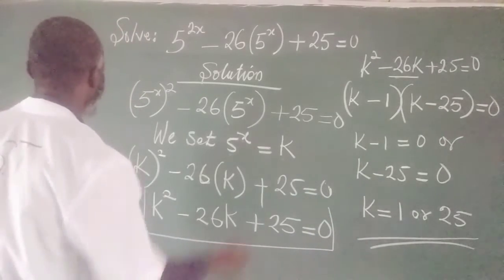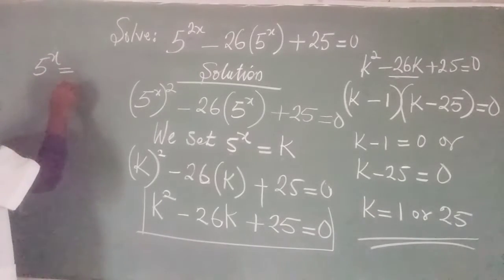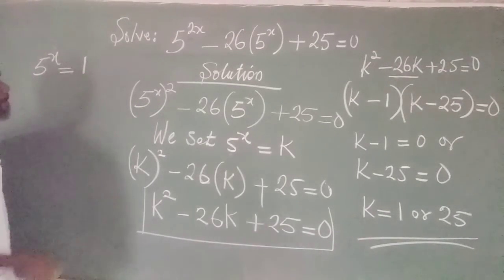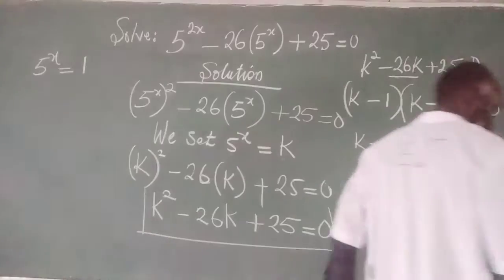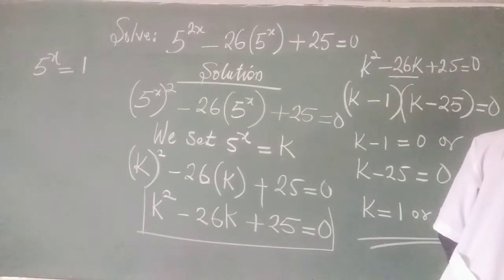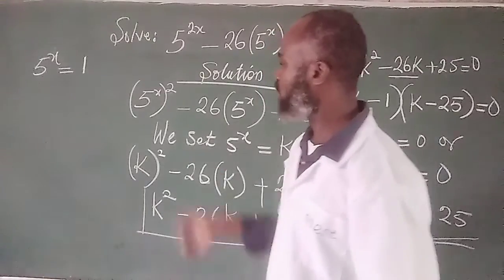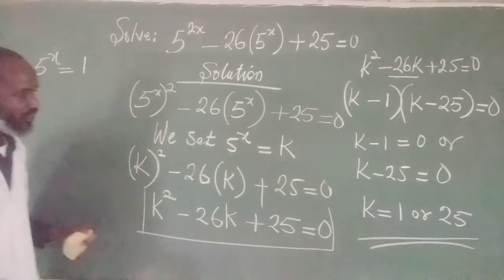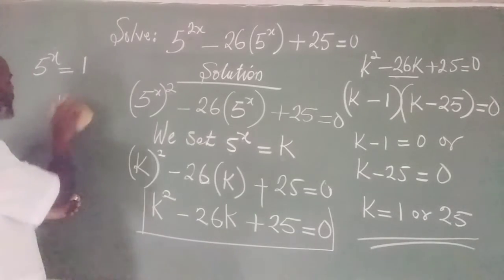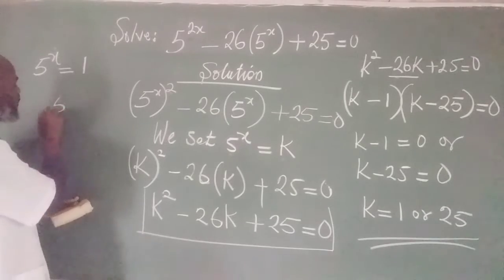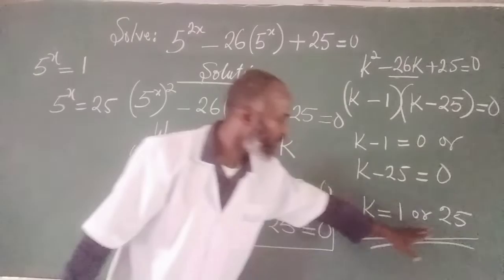So what it means is that 5^x is equal to 1. So let's see what happens next. Since we now have 5^x equal to 1, we can as well have 5 raised to the power x equal to 25, because these are the two values that represent k.